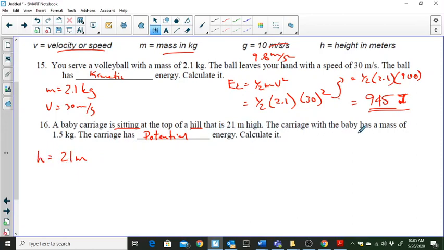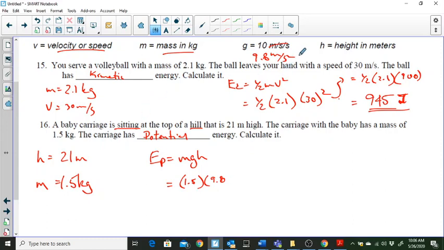The carriage with the baby has a mass of 1.5 kilograms. Pretty light baby. That's going to be our mass. Potential energy. EP is equal to mgh. I want to see the formula, and I want you to substitute in. Our mass is 1.5 kilograms. Our g is 9.8 newtons per kilogram.